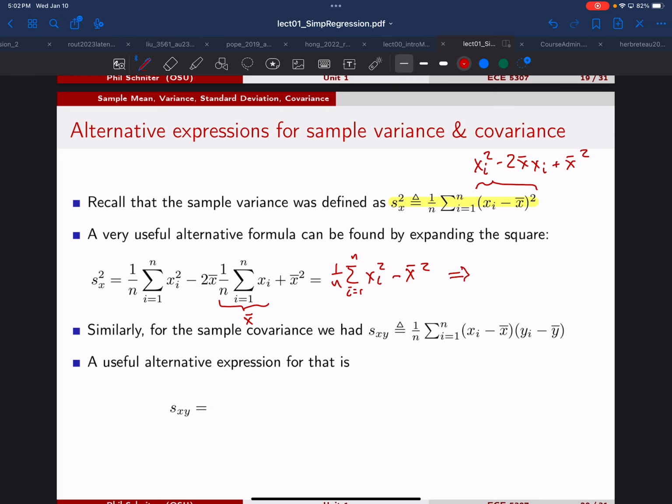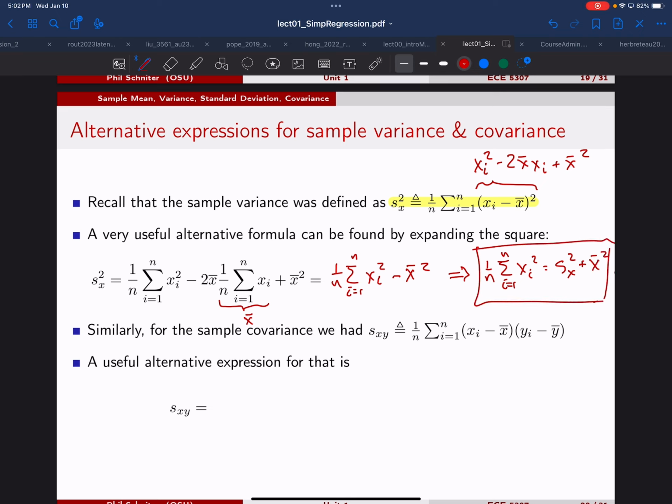Now from this last expression, we can rearrange the terms, and we can write on the left side this summation. This is something that often comes up in derivations, the average of the xi squared. And what we're seeing here is that this equals the variance plus the squared mean.